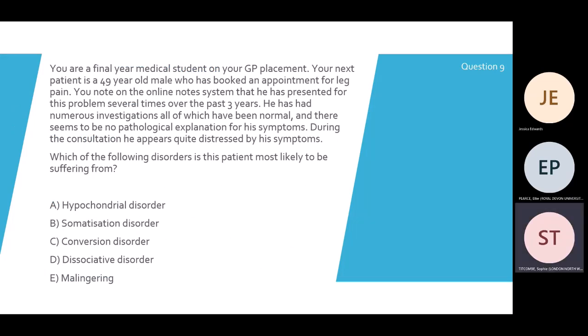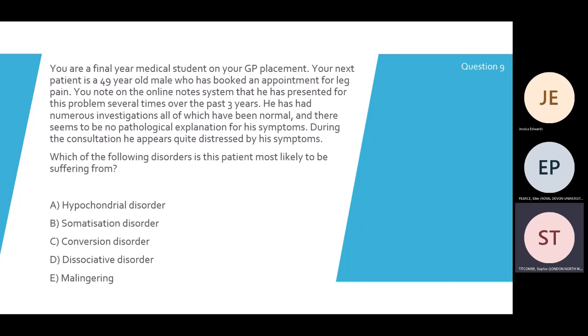So stepping away from eating disorders and moving to the final part of tonight's session, and the final question is question 9. So you're a final year medical student on your GP placement. Your next patient is a 49-year-old male who has booked an appointment for leg pain. You know on the online note system that he has presented with this problem several times over the past 3 years.